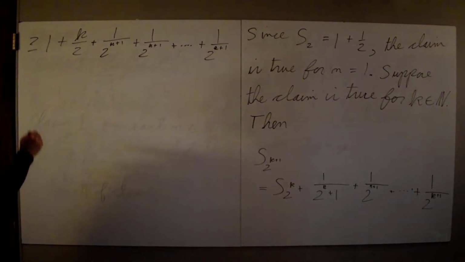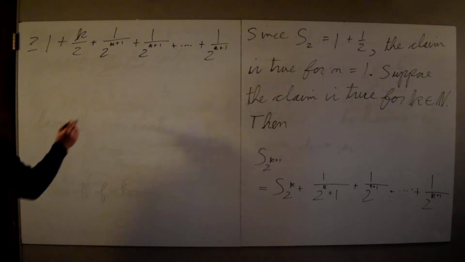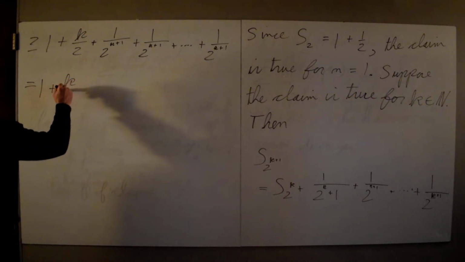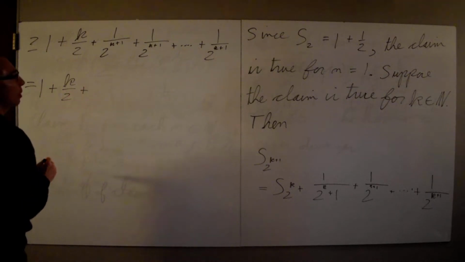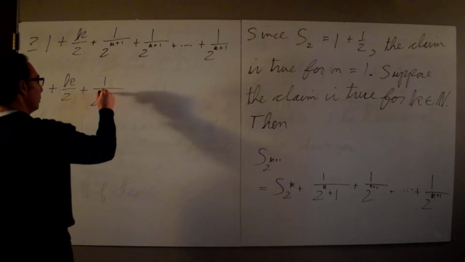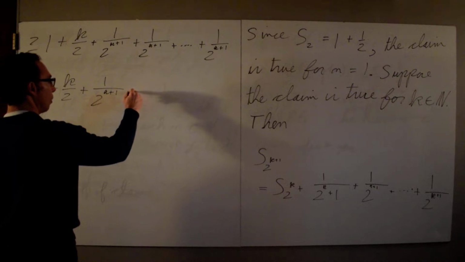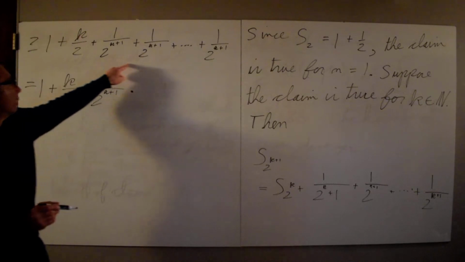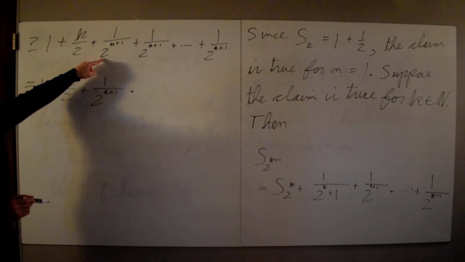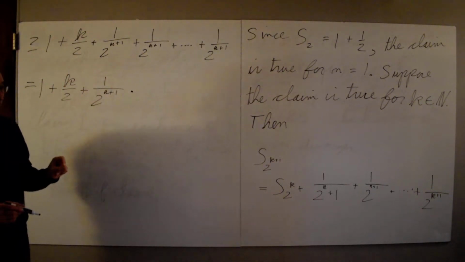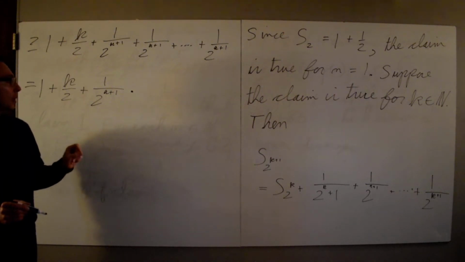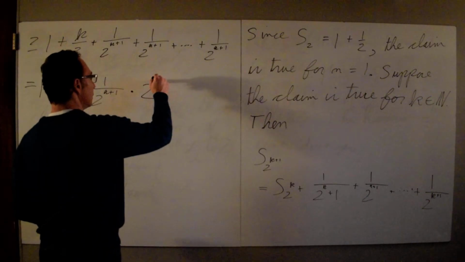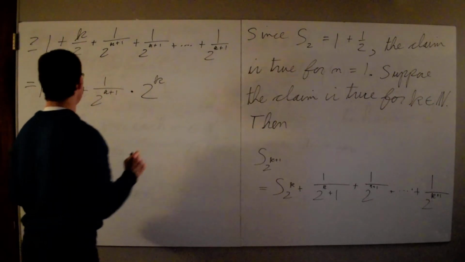Now we'll do some algebra. This is equal to 1 plus k over 2 plus 1 over 2 to the k plus 1 multiplied by the number of terms that we have from here to here. Well, how many of those terms do we have? We have 2 to the k. Keep in mind that 2 to the k plus 1 is 2 times 2 to the k. So that's why we have 2 to the k of these terms.